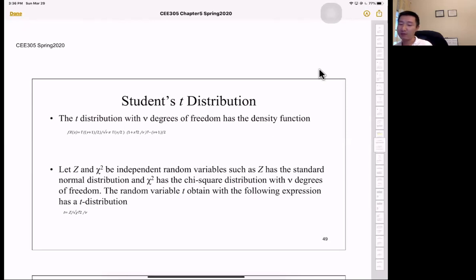But we do not need to know about the distribution. Similarly, we can use another table, similar to the z table. It's called the t table, which is Table 8.3 in our textbook. So we use that table to find the probability.